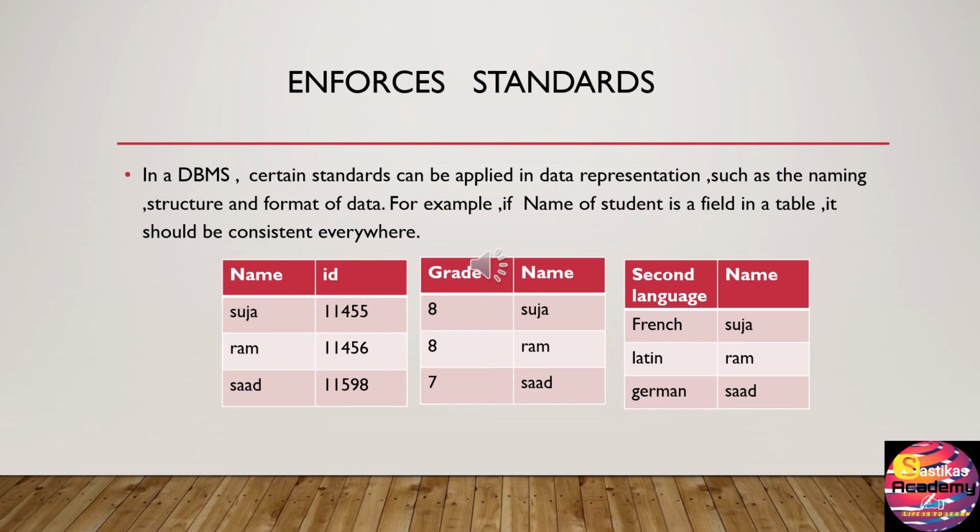Then only we can maintain standards, because if SUJA R or S is added, that record is different when compared to SUJA. So if you are using SUJA or RAM, you must use the same in other data also. That means you have to maintain standards.